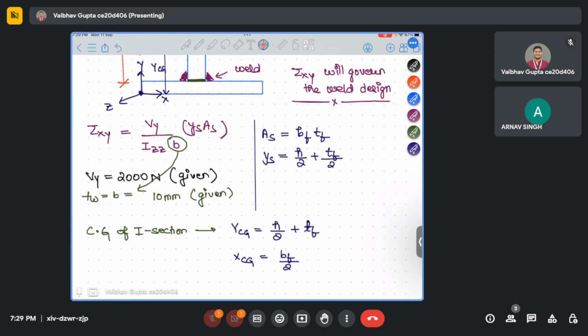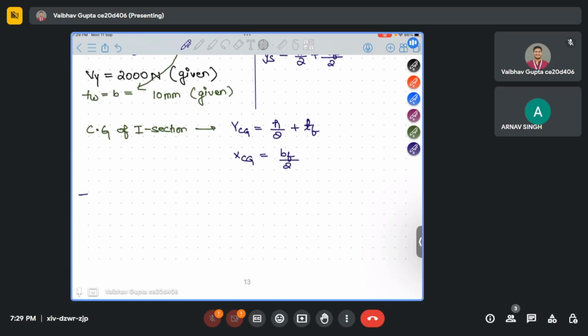Now what do we know? We know this value, this value, and this value. We know B. Now we have to calculate IZZ. In class, sir has told the generic formula.